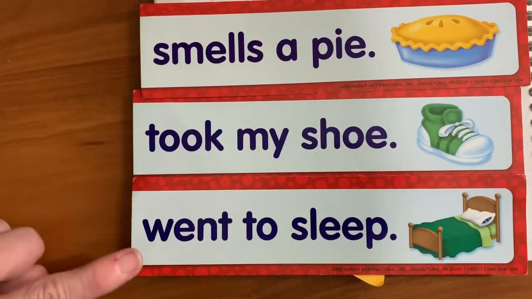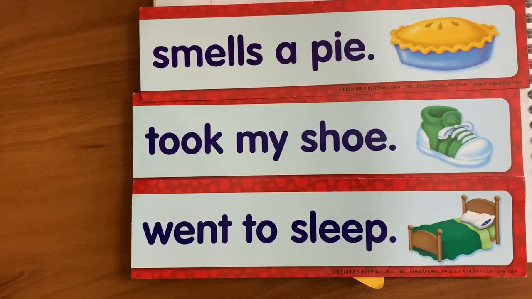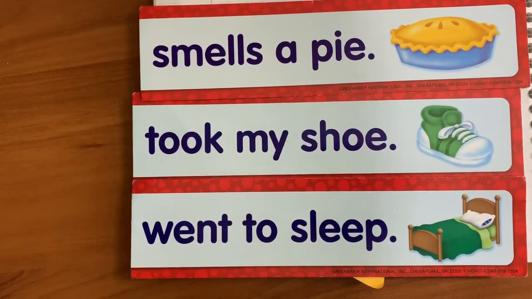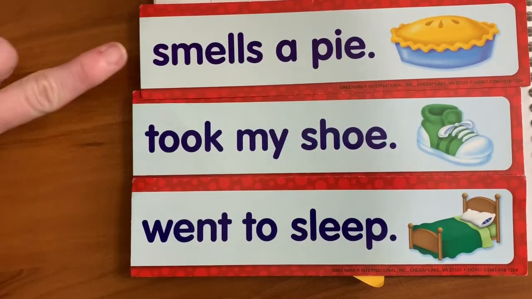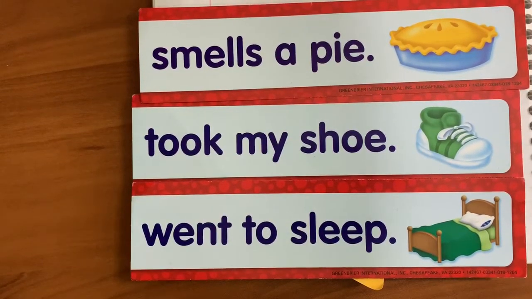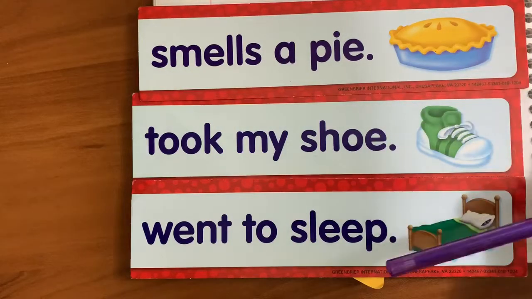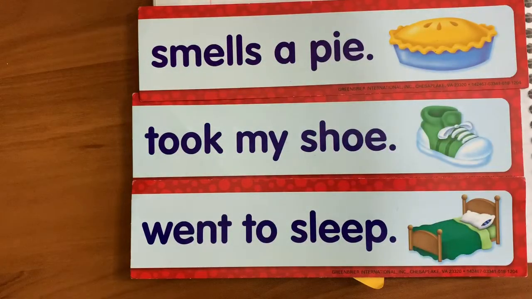All of these start with a verb. Help me remember what a verb is. A verb is a word, it's an action word. Very good. So we've got smells, took, and went. Each of these sentence endings also has a noun. Take a look and see if you can find the noun in these 3 sentence endings.